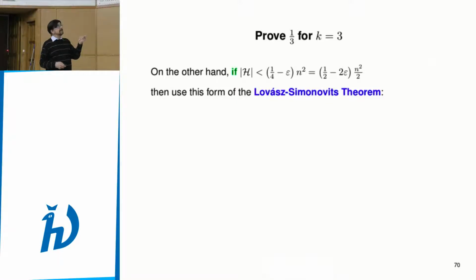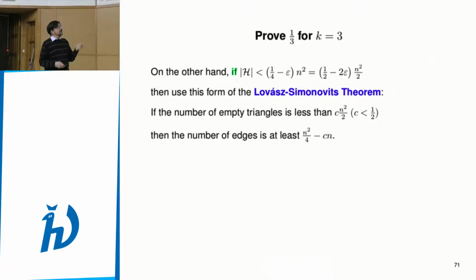This time this. So this is a little bit smaller because of the 2 epsilon. So by the Lovász-Simonovits theorem we have more empty triangles because it's smaller than the minimum. And so this is the C.